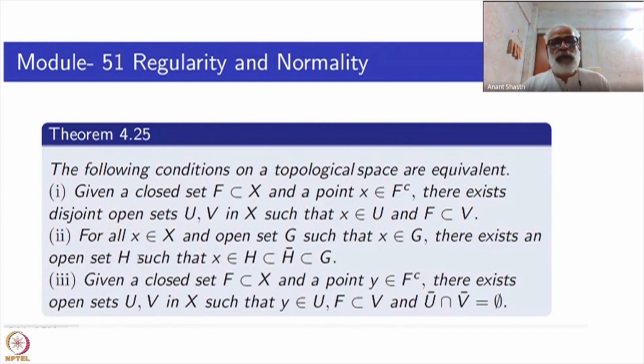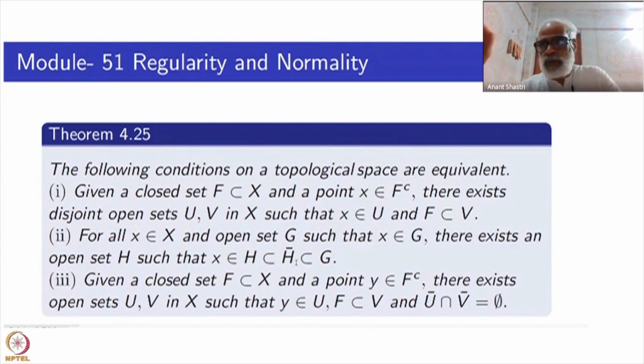Okay. Next, two: for all X belonging to X and open set G such that X belongs to G, there exists an open set H such that X is in H, contained inside H bar, contained inside G. So, in other words, you can say that every neighborhood of a point contains a closed neighborhood.